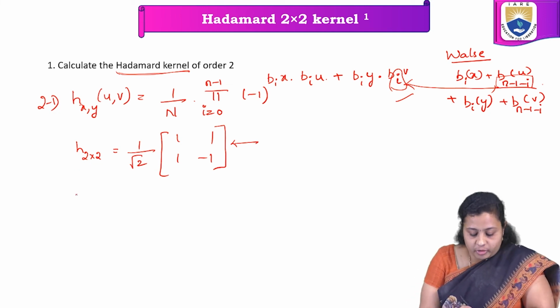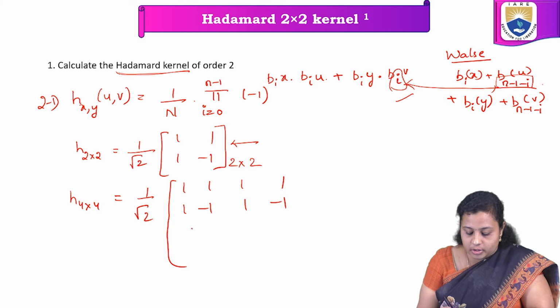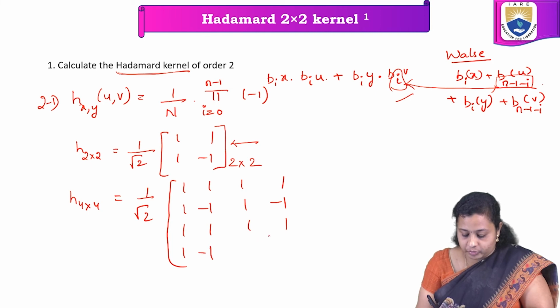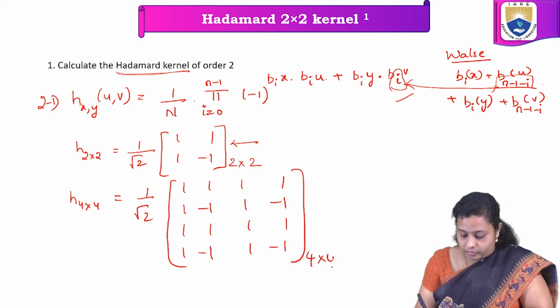So when we come to 4 by 4, I get the value as follows. This is 2 by 2. So my matrix would be 4 by 4, which is given by [1 1 1 1; 1 minus 1 1 minus 1; 1 1 minus 1 minus 1; 1 minus 1 minus 1 1].